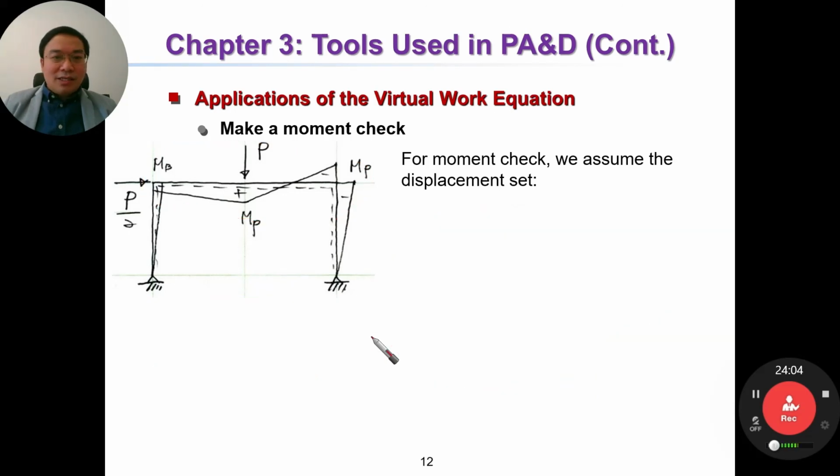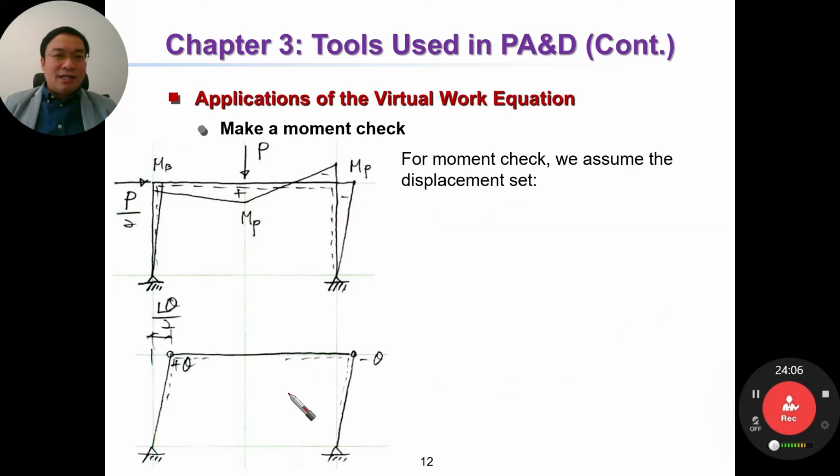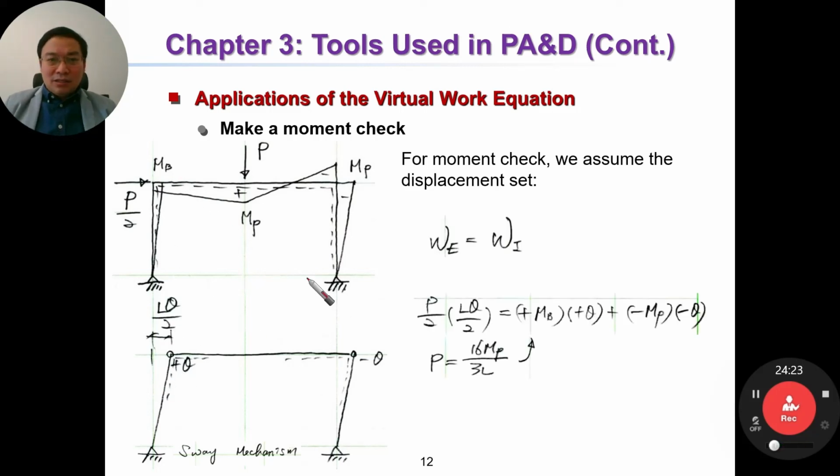And similarly, in this case, we assume the displacement set with the sway mechanism. It is also simple, very simple. Then you can check, and the result is identical.